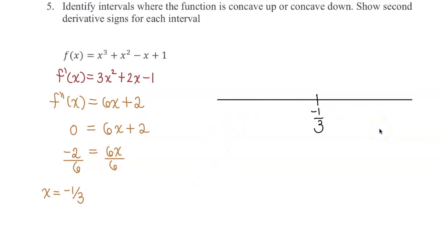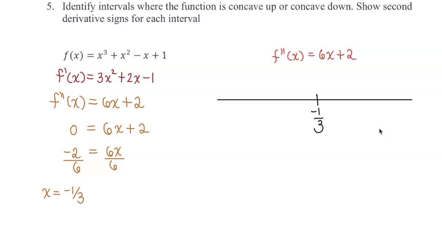Okay? So let's pick a number that is smaller than -1/3. -1 is smaller than -1/3. So I will plug -1 into the second derivative. Note that the second derivative is 6x plus 2.